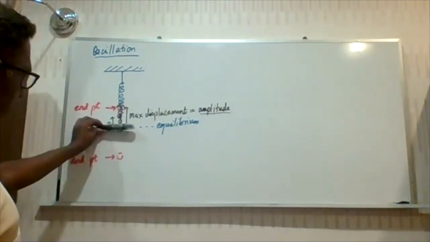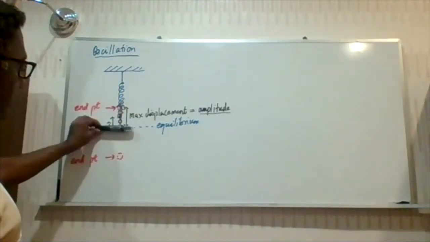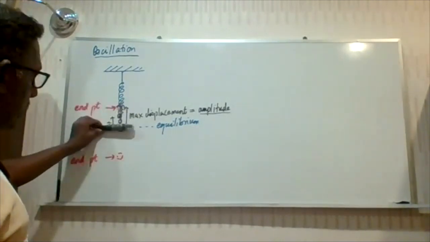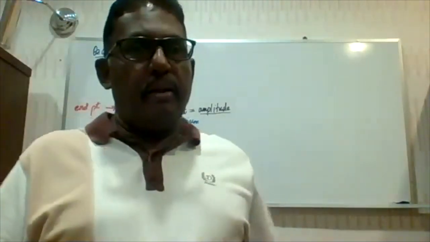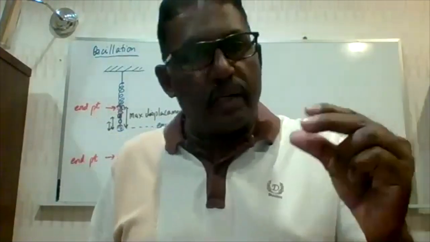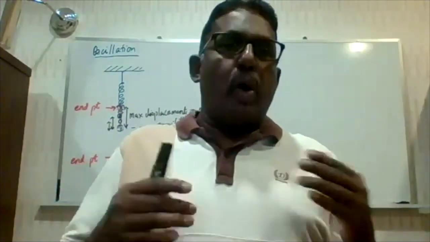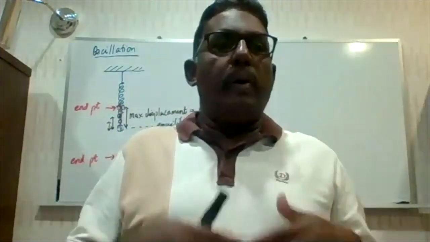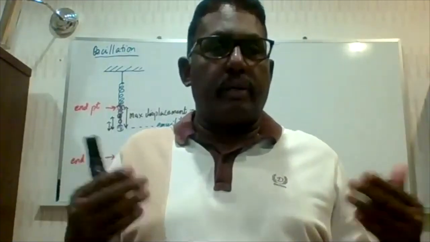No. If the time taken from end to end is 1 second, it will be 1 second again, and again 1 second. Therefore, it is more like a regular interval of time. To that, we have a word attached. We call it periodic. So it occurs periodically over a regular time interval.